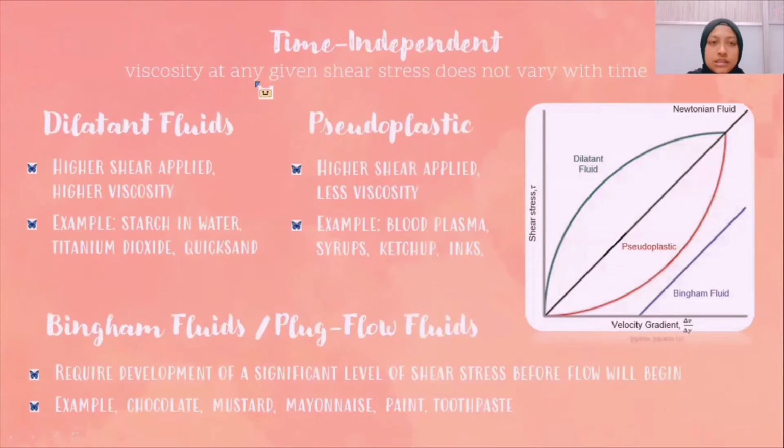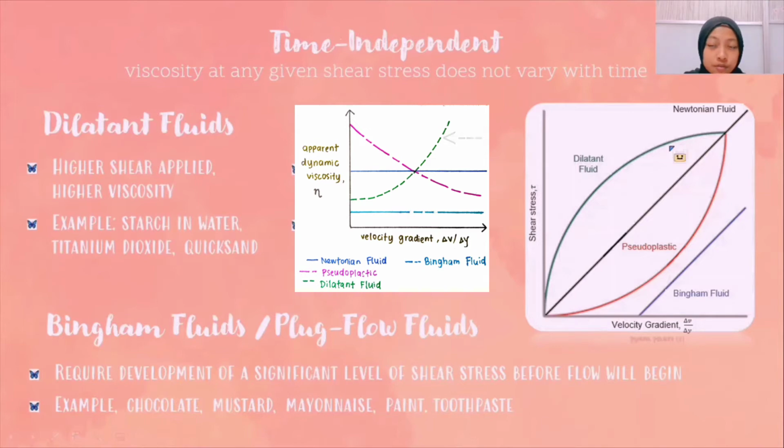Time-independent means the viscosity at any given shear stress does not vary with time. For dilatant fluid, as you can see in the graph, the higher the shear stress applied, the slope increases with increasing velocity gradient, meaning it has higher viscosity.